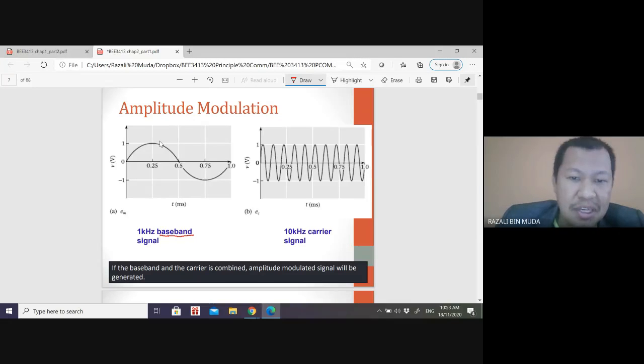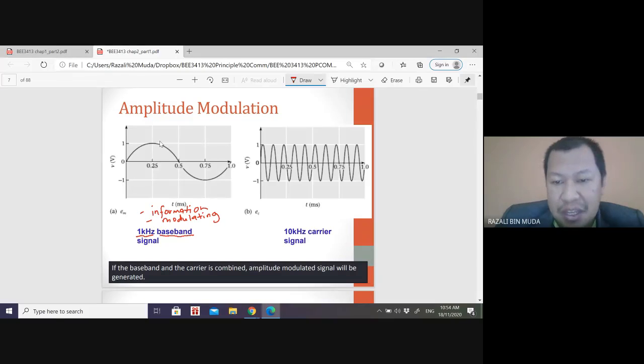So basically it refers to the same signal, either information, modulating, or baseband, which is a low frequency sine wave. Okay, so in this case it has 1 kilohertz.